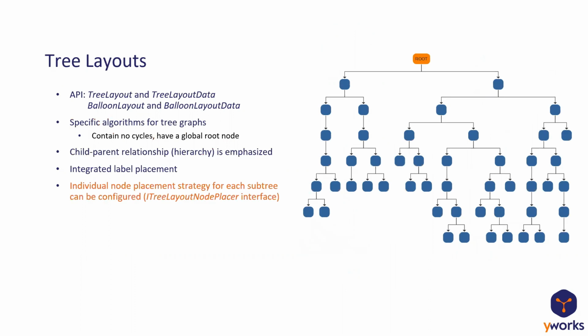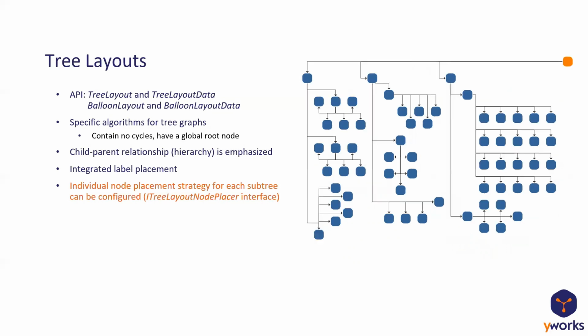Another important thing about tree layout is that the tree layout in yFiles supports individual node placement strategies for each subtree. That means that each subtree that has its own local root can have another kind of placement strategy.